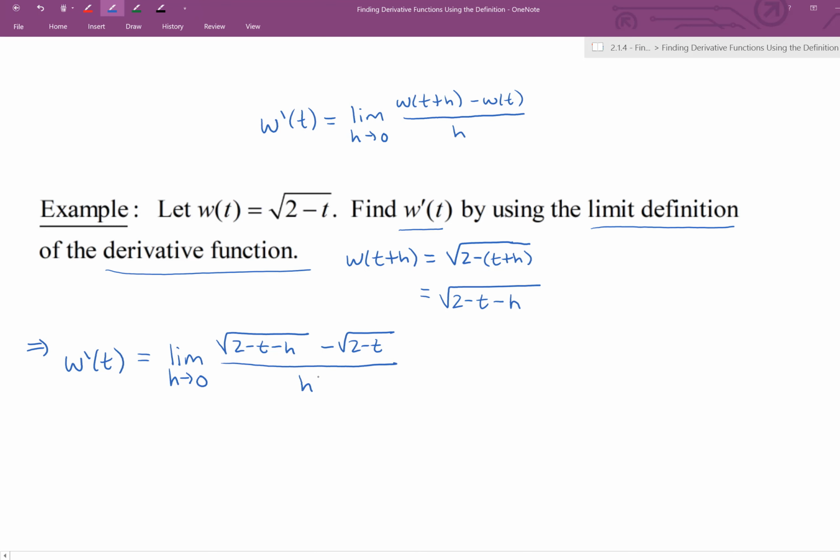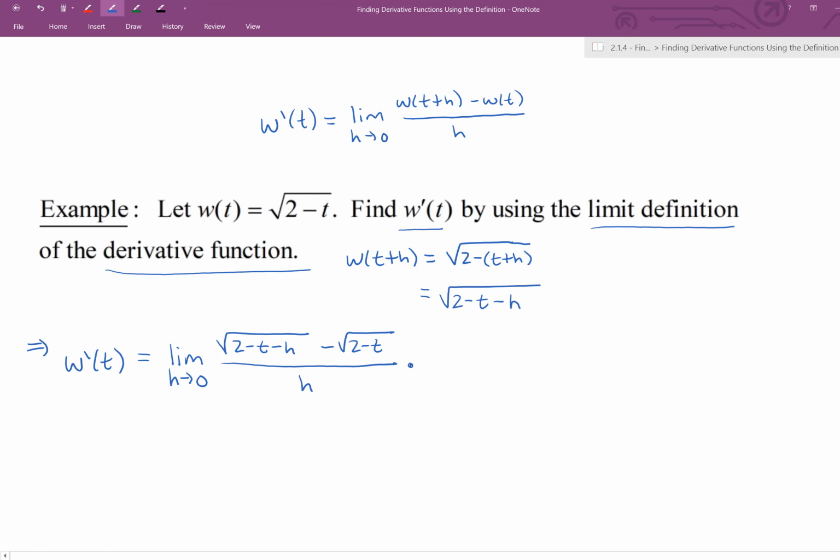So that's the limit we've got to find. h is the thing that's changing. t is the variable, the input of the function. The numerator goes to 0 as h goes to 0, and so does the denominator. We have that indeterminate form again. And this is one of those limits we should hopefully be familiar with at this point, where we see sums or differences of radicals in the numerator or denominator.